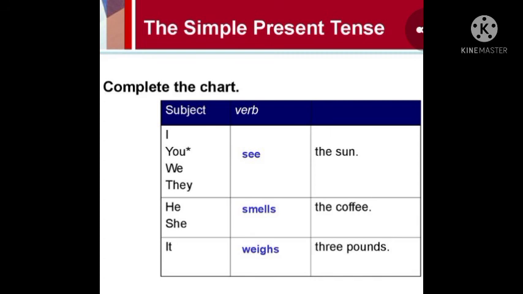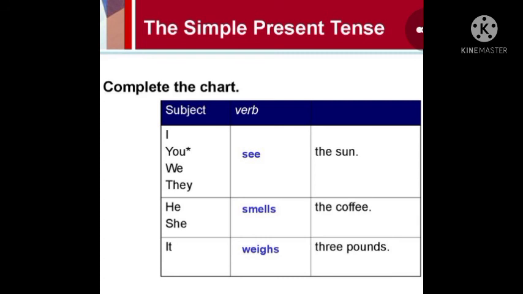Okay, if we have the subjective pronoun like he, she, it, then we use the first form of verb with the s or es form, like this chart. He smells the coffee. She smells the coffee. It weighs 3 pounds.